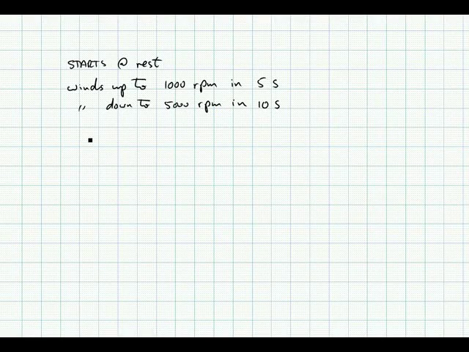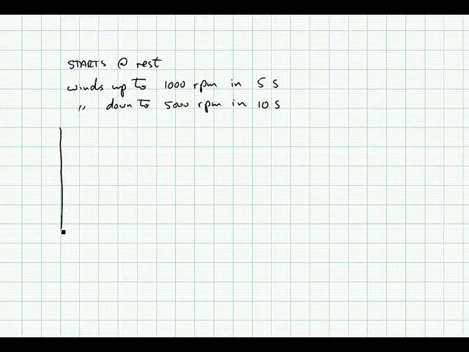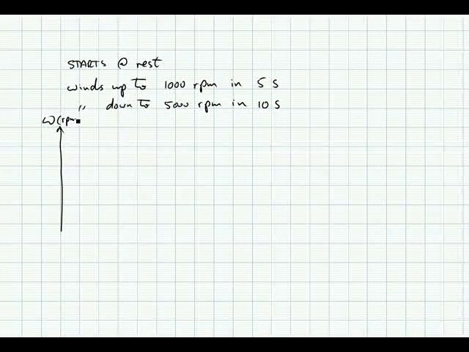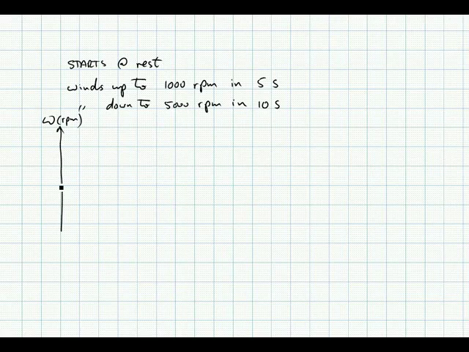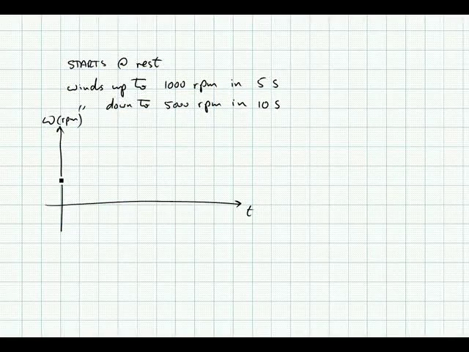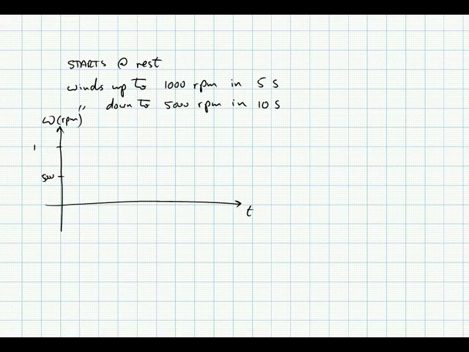Well, let's just go ahead and plot the graphs here. So plotting angular velocity, in this case RPM, revolutions per minute, versus time. I said winds down to 5000, I meant 500, I apologize.